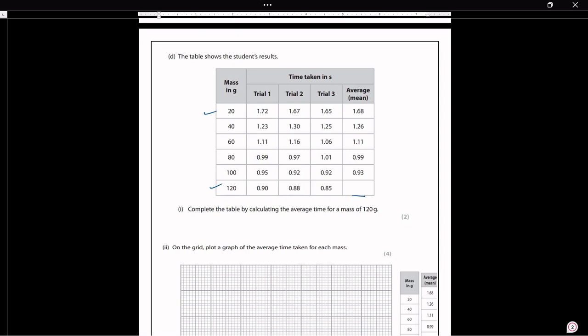Taking the average means adding the trials and dividing by the number of trials. So T average is 0.90 plus 0.88 plus 0.85, over 3 trials. On calculation it gives 0.8766.